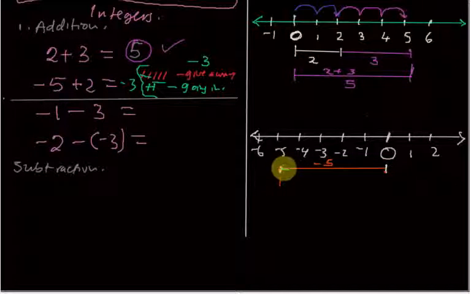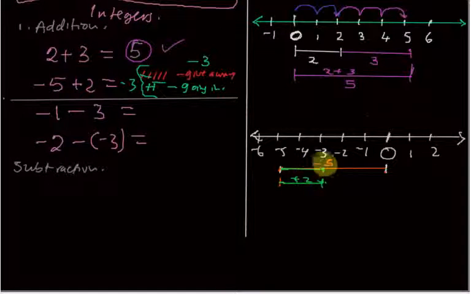So 2 steps will land me on -3 here. These are 2 steps. I'm going to land on this point here, -3. So this is +2. This was -5.